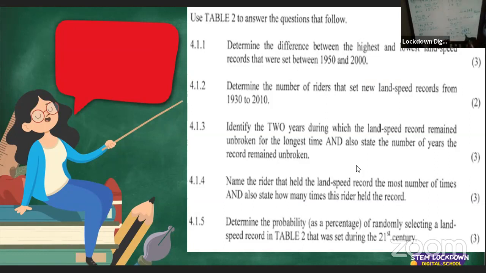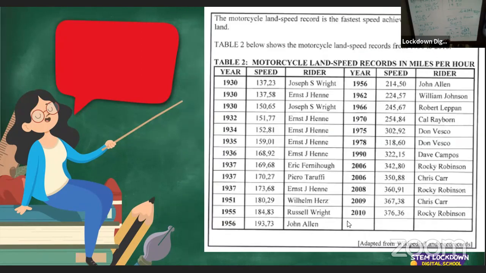So we have the number of times the event A is occurring. How many times is the event A occurring? From our table, we can see that A is 21st century record. So we have 1, 2, 3, 4, 5 21st century records.